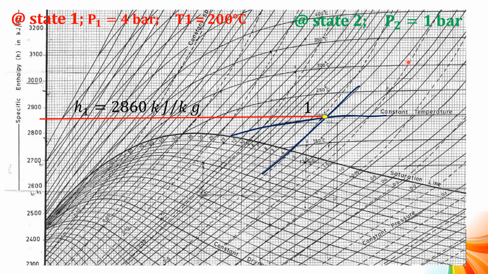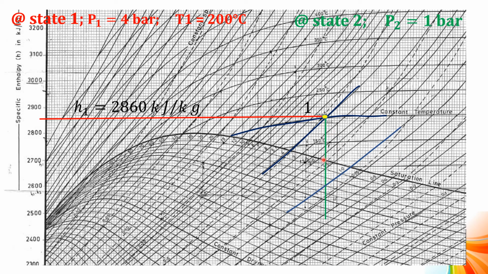At state 2 the pressure P2 equal to 1 bar. We know an isentropic process takes place in the steam nozzle, therefore entropy is constant for this process. So from point 1 we draw a constant entropy line, a vertical line downwards. Then locate the point P2. P2 equal to 1 bar. See, this is the 1 bar line.